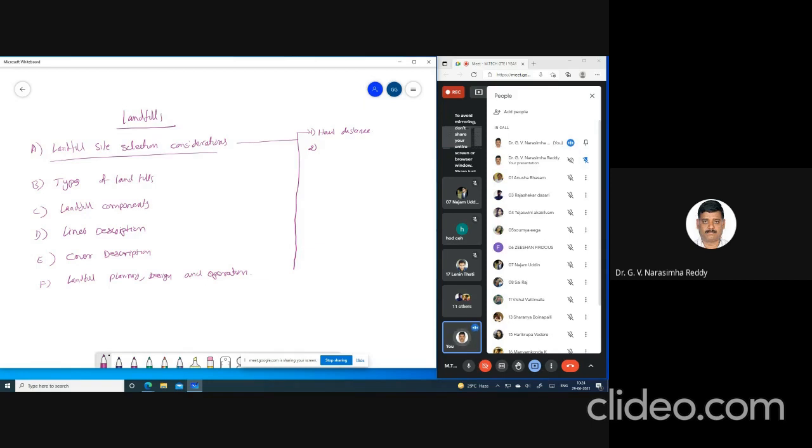And the second one is location restrictions. Restrictions means it should not be nearer to certain things.